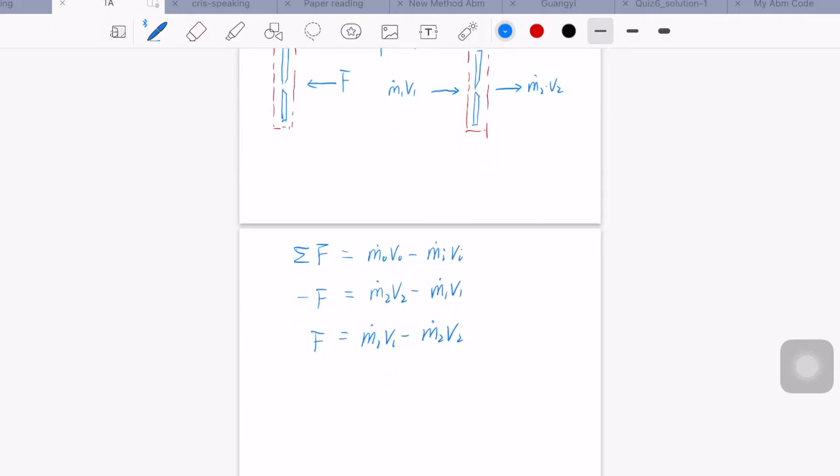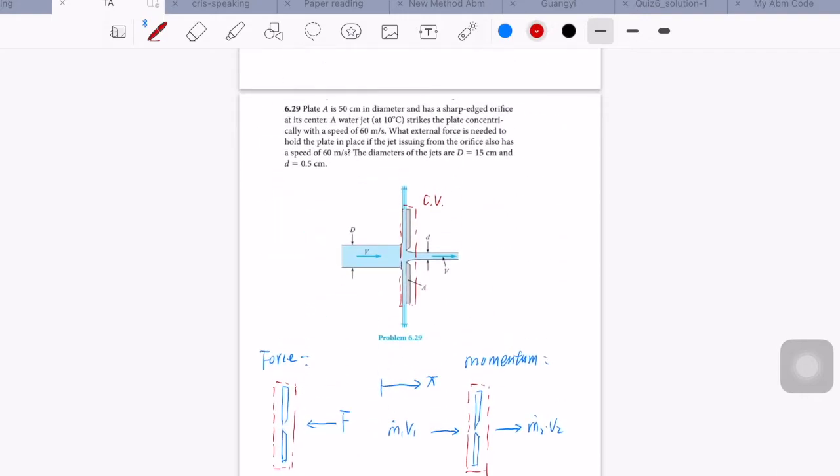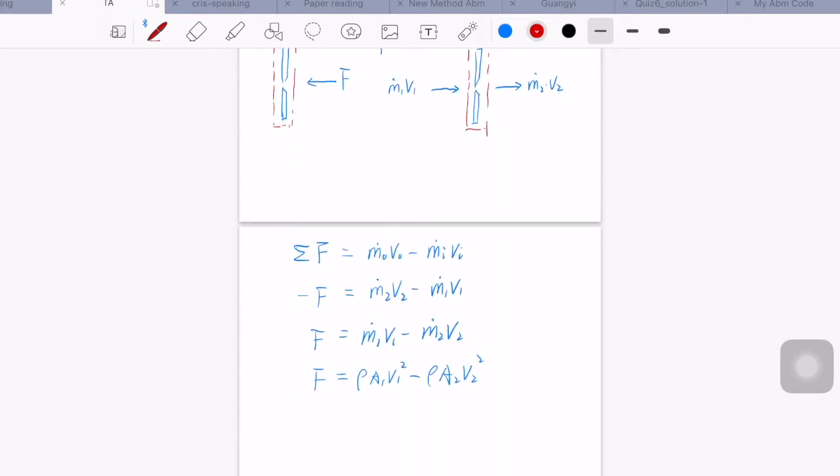And then we have F equal to rho times A1 times v1 squared minus rho times A2 times v2 squared.